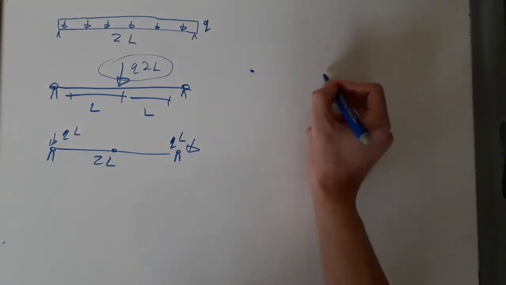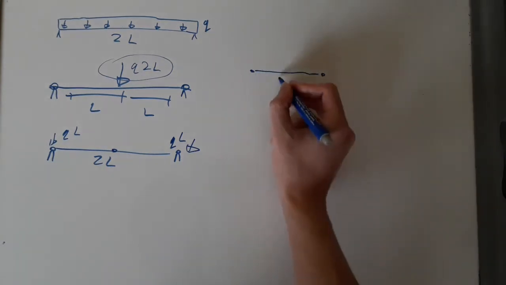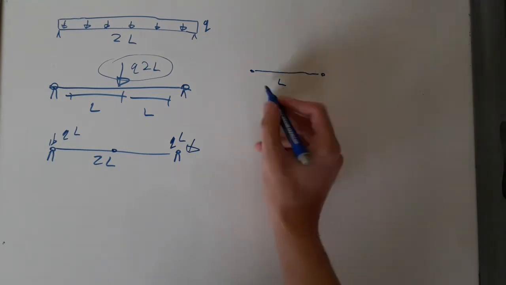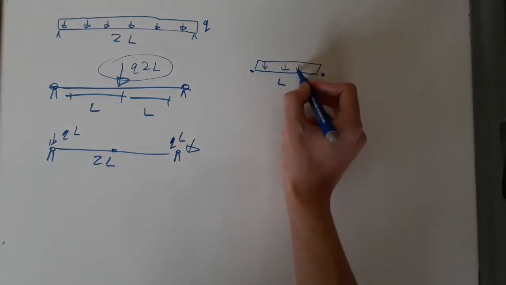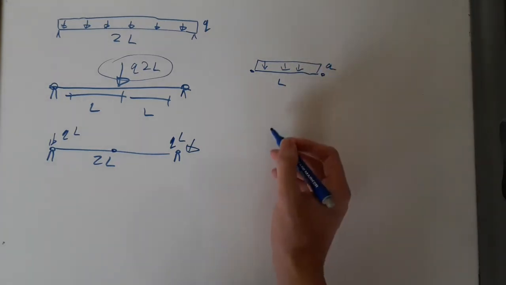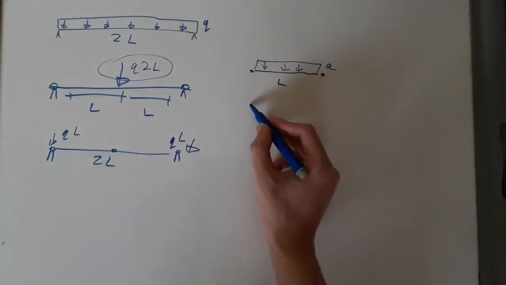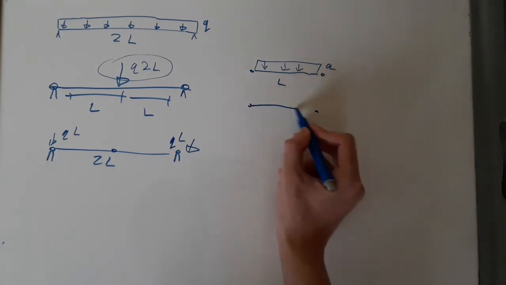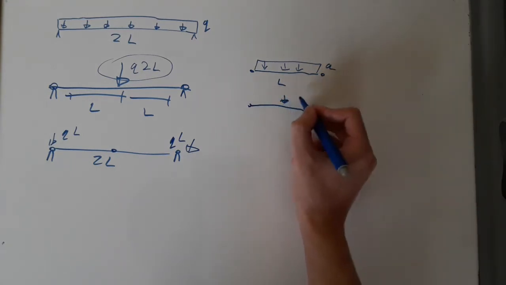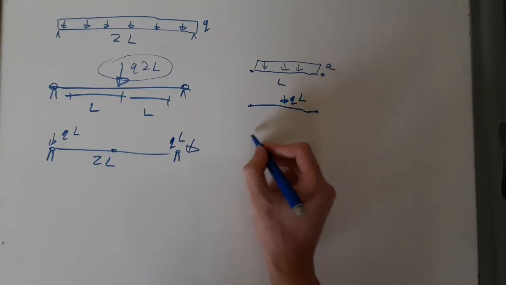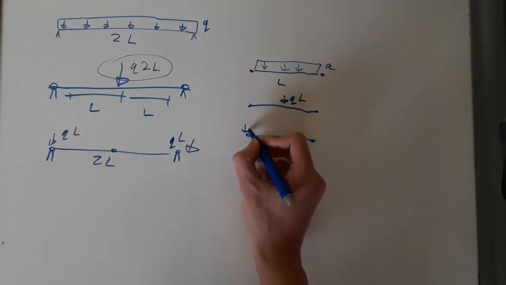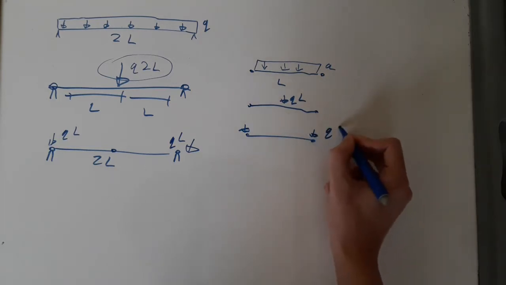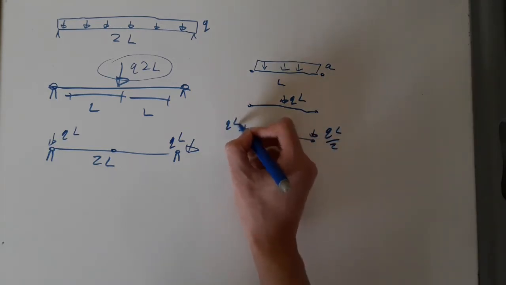With two nodes, a single element would only be a single length here, and that single element would still have that distributed loading, Q. When you find the total force from that loading, that would simply be a single QL. And when we divide that between the two nodes, you would get QL over 2 and QL over 2.